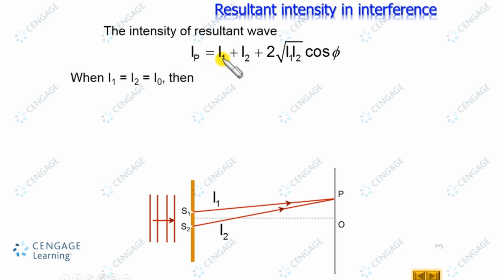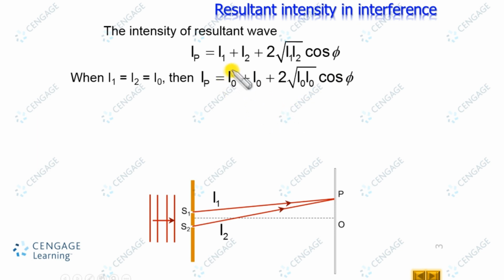And if we substitute I1 equal to I2 equal to I0, this equation will become IP equal to I0 plus I0 plus 2 under root I0 multiplied by I0 multiplied by cos phi. And this is equal to IP equal to 2 I0 plus 2 I0 cos phi. So here we can take 2 I0 as common.